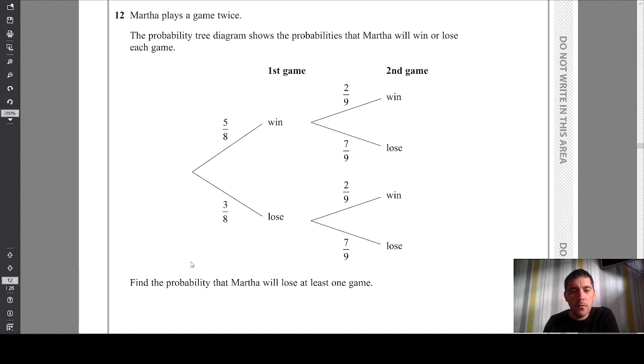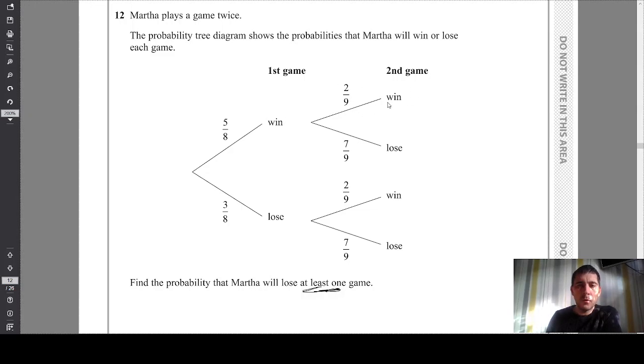Okay, so now find the probability that Martha will lose at least 1 game. So now the key information here is lose at least 1 game. Okay, so let's work out the probabilities. So in order for Martha to win 2 games, we multiply probability of first game and probability of second game.